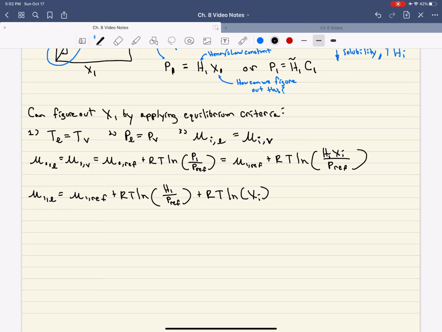Okay? And the reason I write it like this is that these terms on the left-hand side here are independent of composition. And so our composition dependence we could isolate to just one term over here.